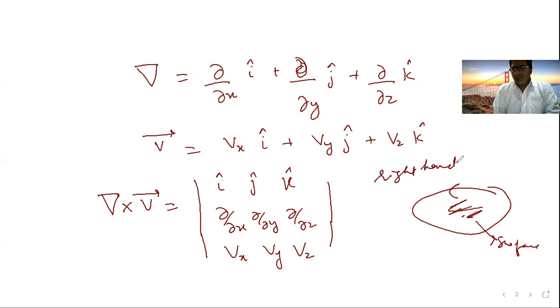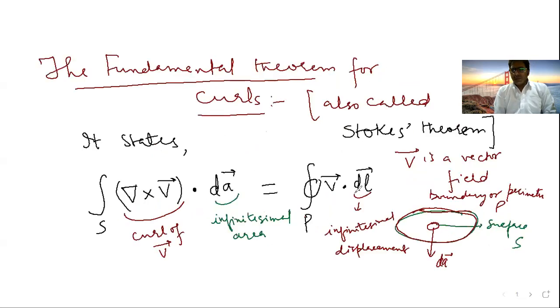A right hand rule. When I have to evaluate this particular line integral over the closed boundary, if my direction of travel is sensed in the direction of the fingers of the right hand, then dA is to be taken along the thumb of the right hand, right?